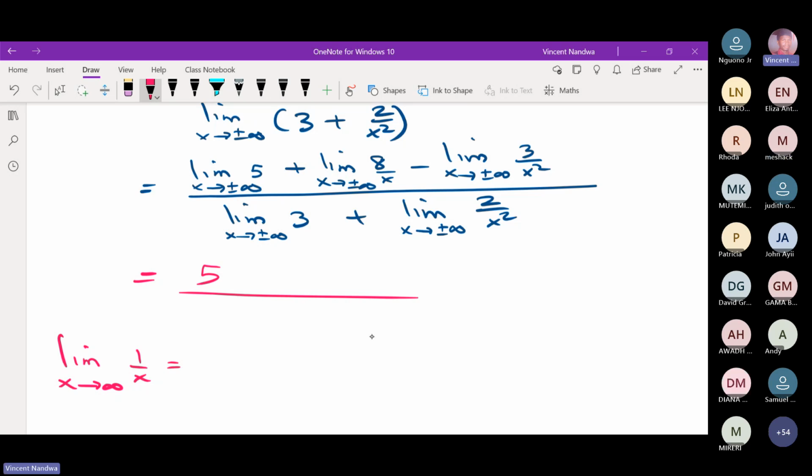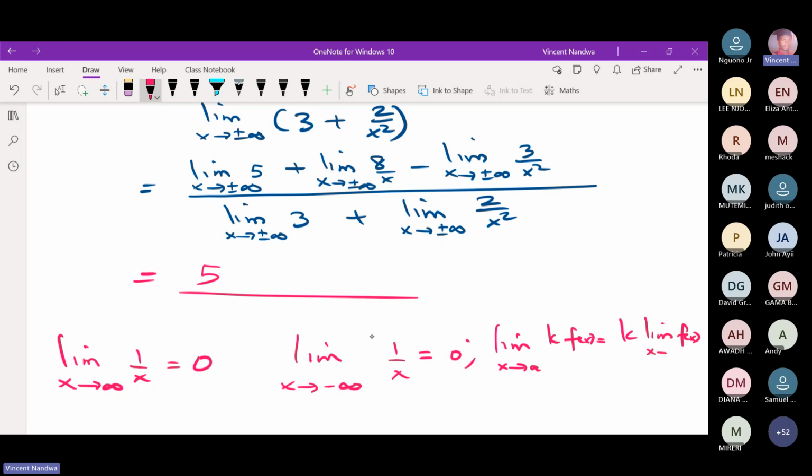And what is the limit as x approaches minus infinity of 1 over x? 0. And you remember that we said the limit as x approaches a of k f of x can be written as k times the limit of f of x as x approaches a. That constant can always be factored out.